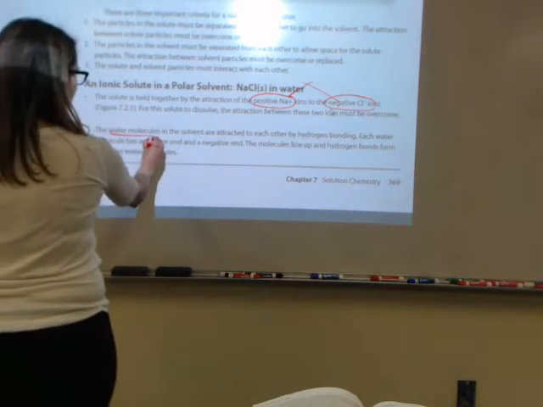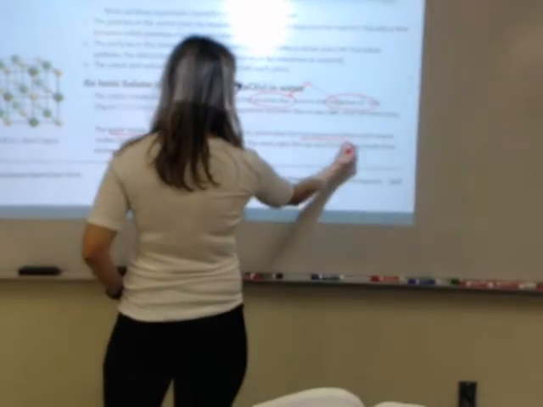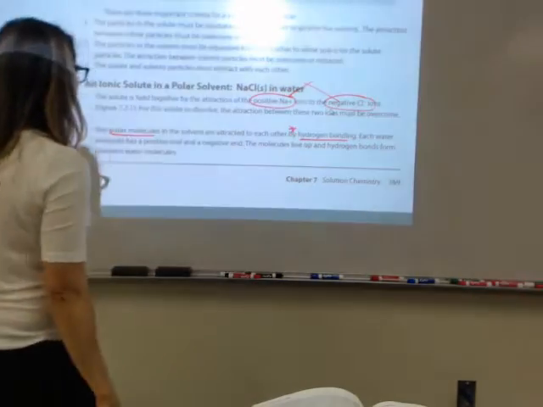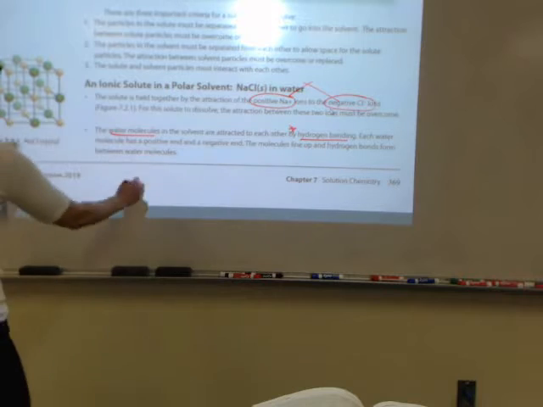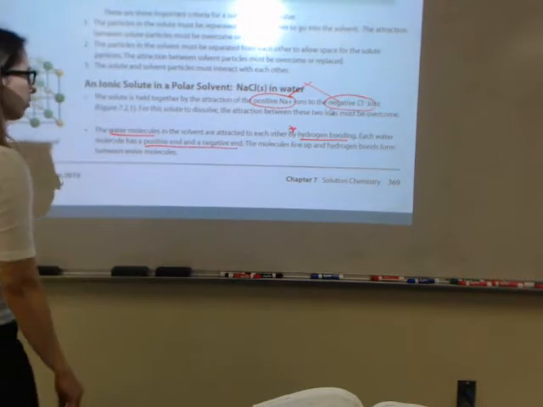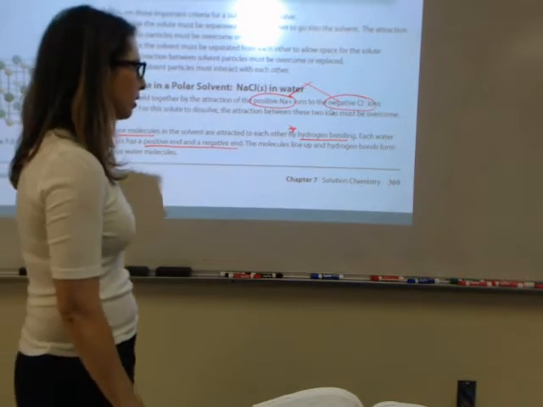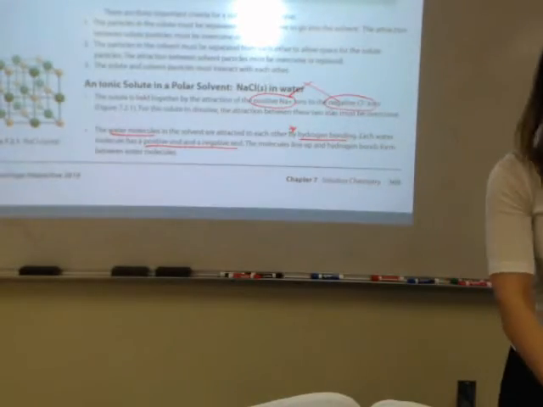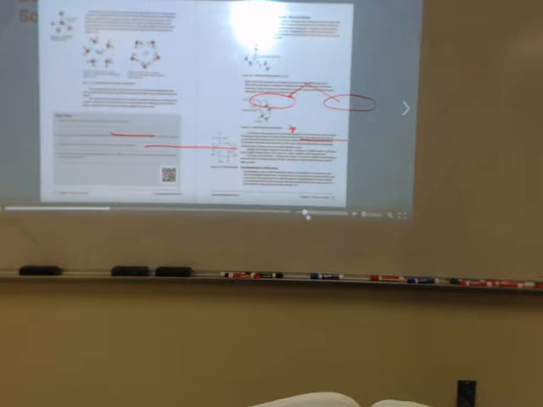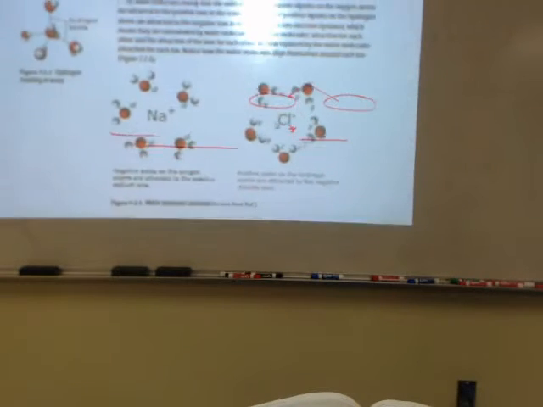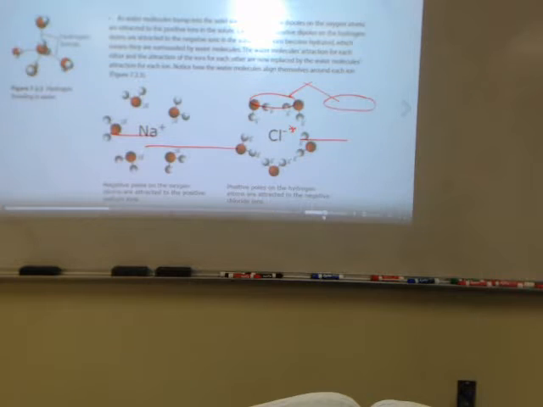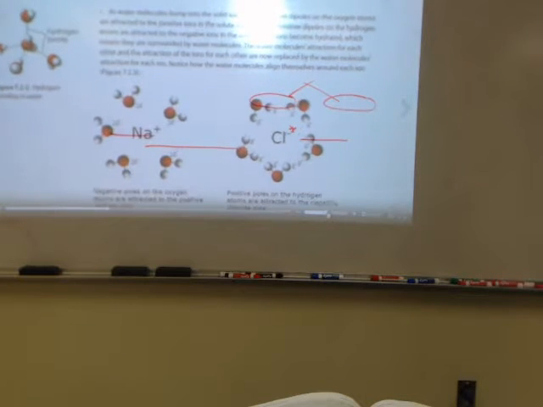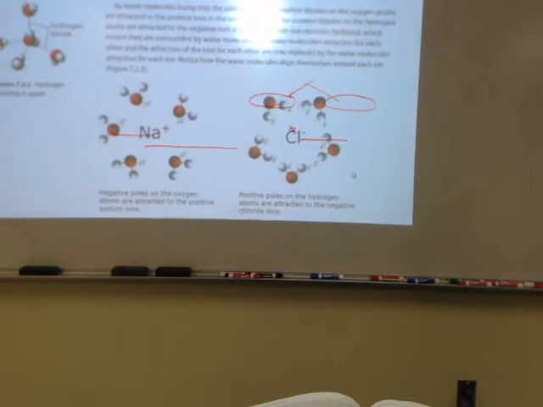Now, water molecules are attracted to each other by hydrogen bonding. So that means the water molecules have positive and negative ends. What happens is you have to overcome those hydrogen bonds in between the molecules. Those have to be separated to allow the cations and the anions to move in between them.